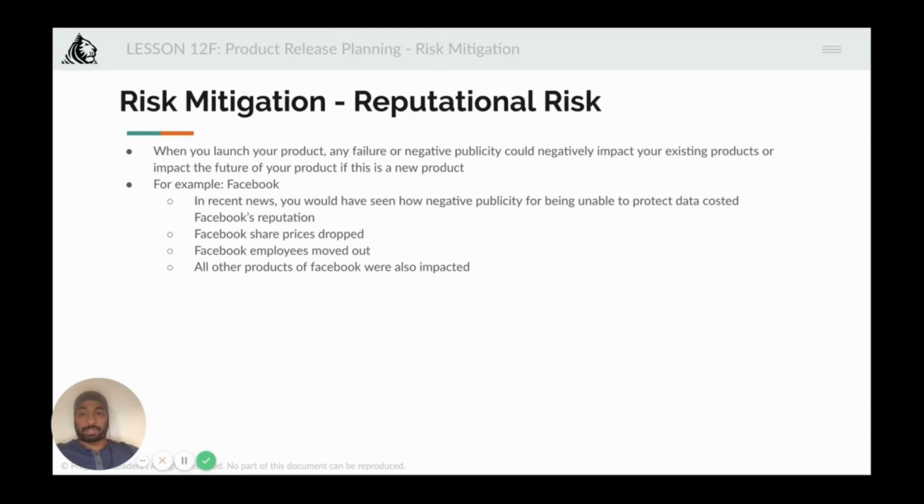So, reputational risks are very simply any failure or negative publicity which has come across because of your launch or the existing product. Reputational risks are also very difficult to mitigate, and if it happens, you better be prepared.